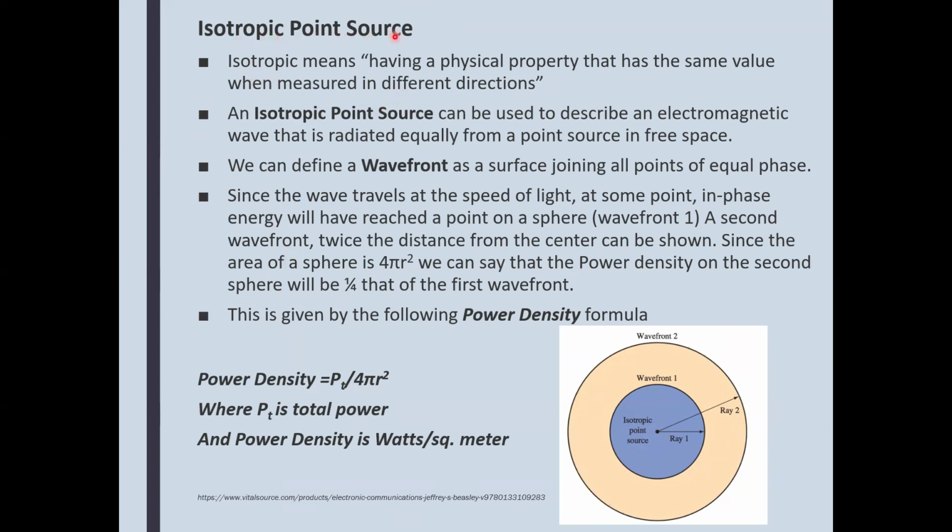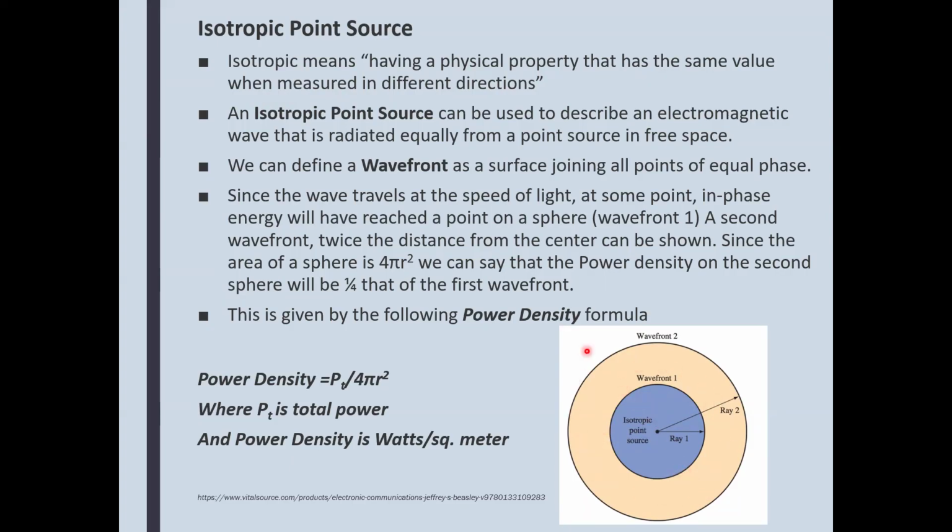All right. Isotropic point source. Isotropic means having a physical property that has the same value when measured in different directions. So the value of that would be the same as the value of that, whatever we're measuring, and now we're measuring the power of the signal, here and here.